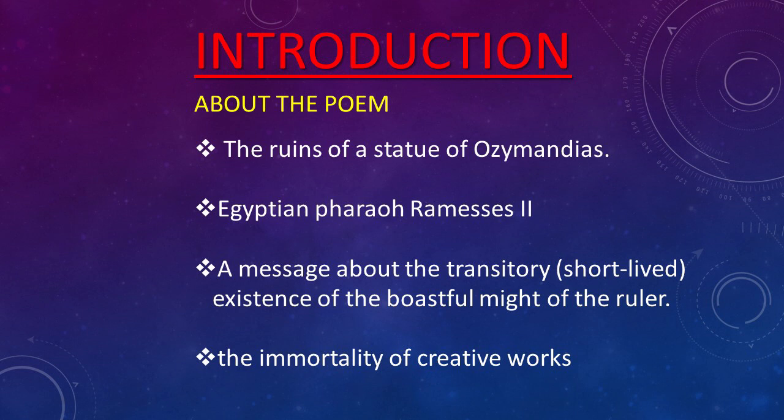But the poem ironically presents a great message about the transitory or short-lived existence of the boastful might of the ruler. The king once enjoyed his commanding power, but time has brought its decay. Even his statue is now reduced to dust.